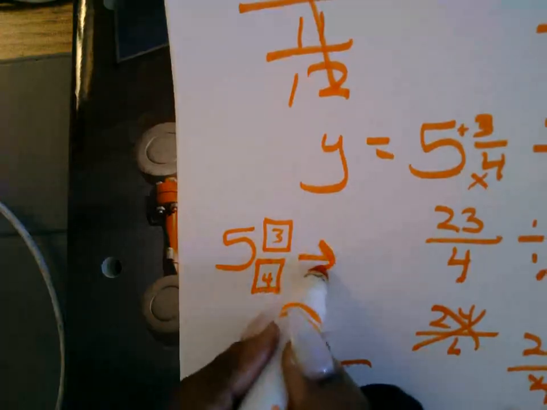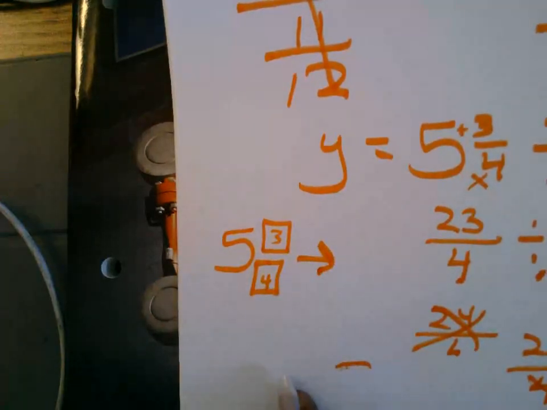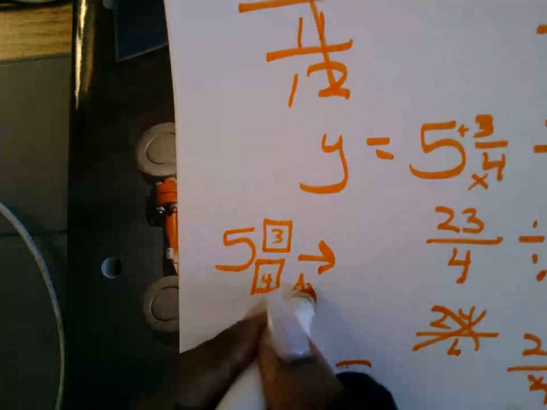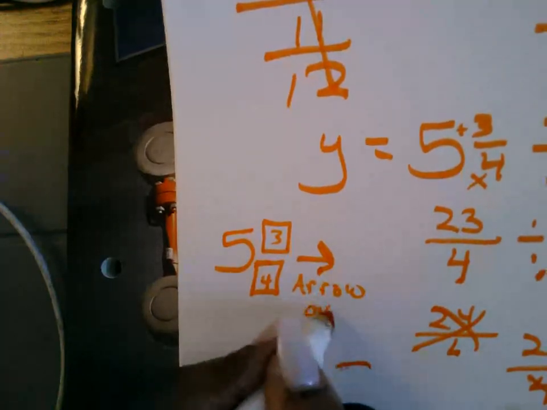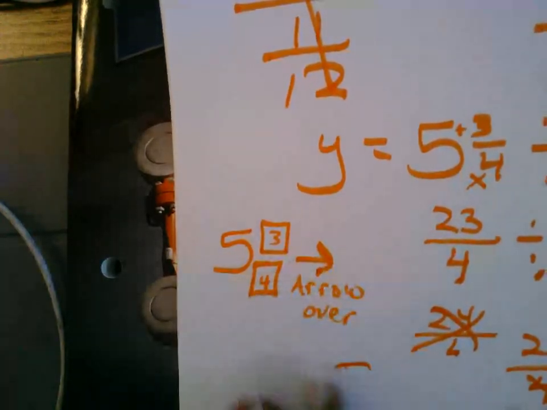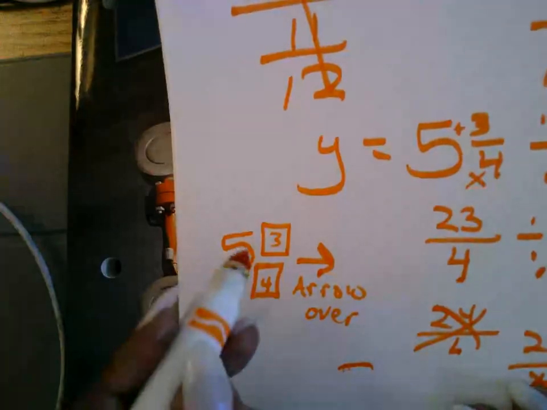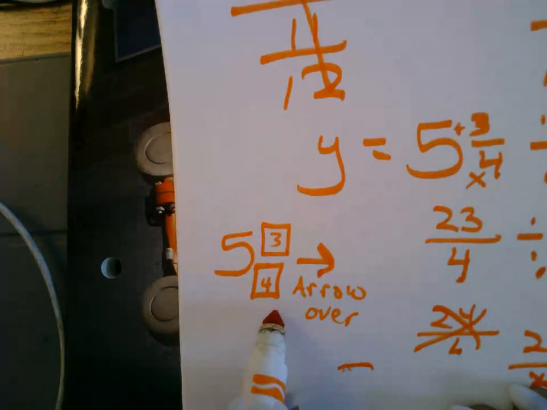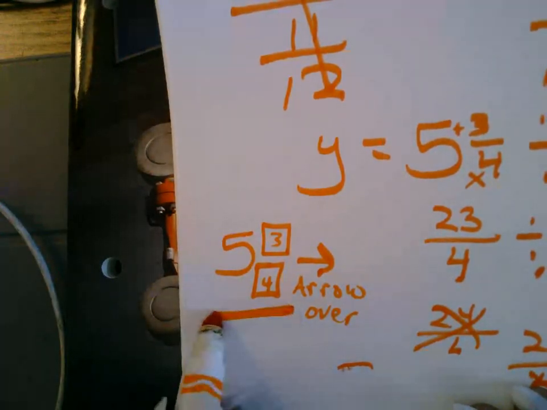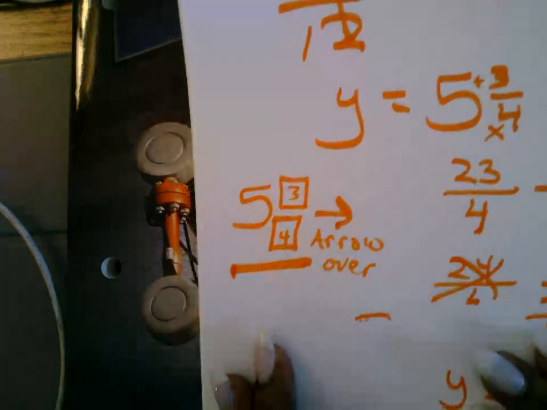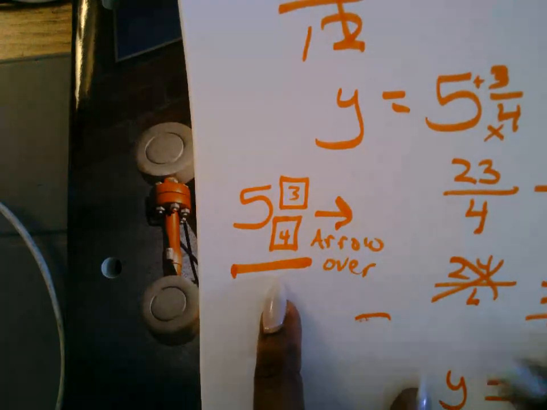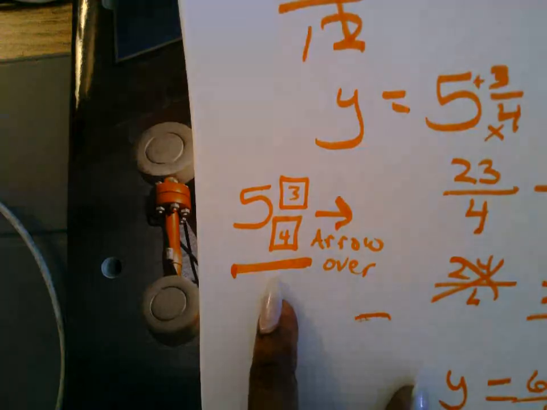Be sure you press the cursor button to go over outside that fraction. Arrow over. If you do not arrow over, the fraction will not show up right, and you will not have the fraction bar under the fraction. The fraction bar needs to be under the fraction. If you don't arrow over, it will not be under the fraction.